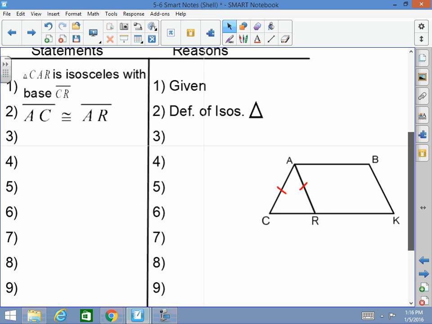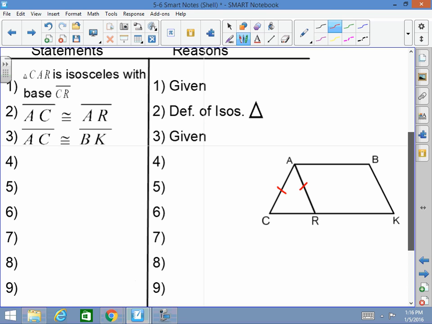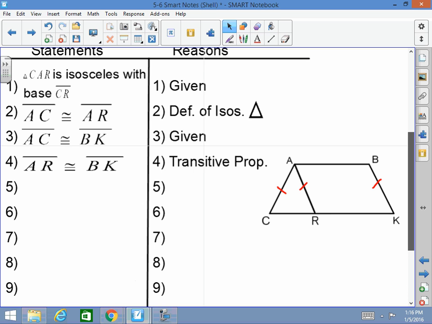So if that's the case, AC is congruent to BK. That's given. Thank you. You make me very proud, son. AR is congruent to BK then because of transitive property. Very well done, son.